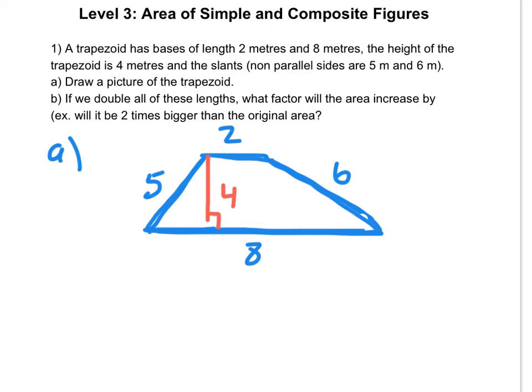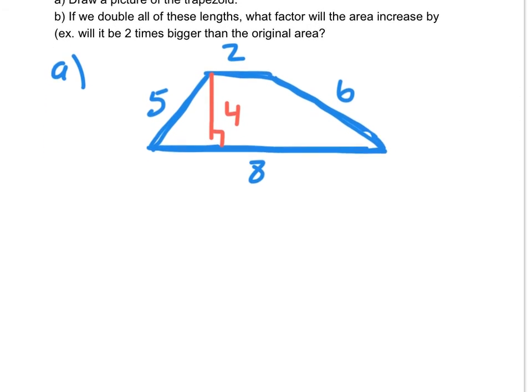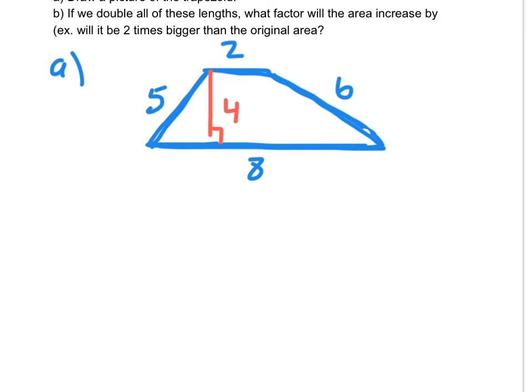Now, if we double all of these digits, what factor will the area increase by? Okay, well, let's find the area of this actual trapezoid itself. So we'll talk about the original trapezoid first.